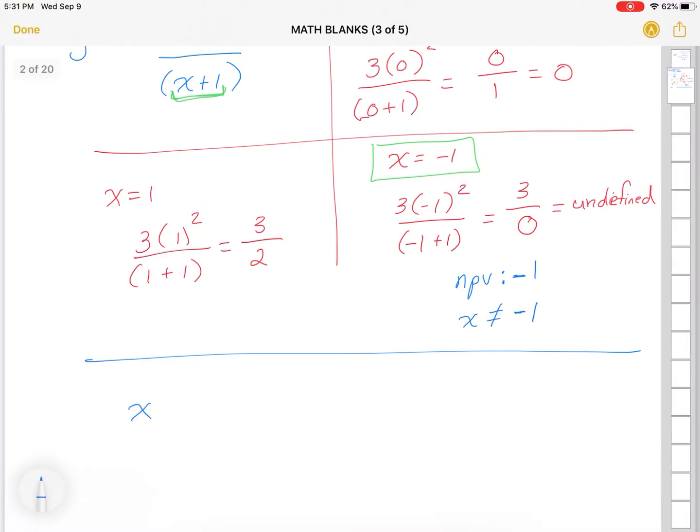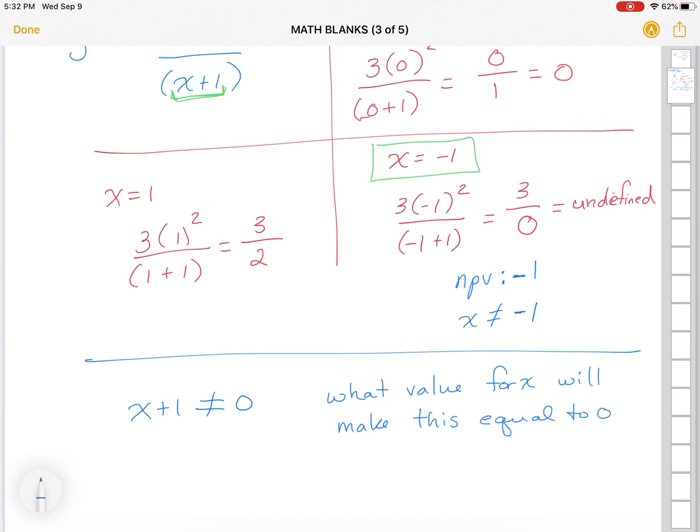So I take what's on the bottom, x plus 1, and I make it not equal to 0. What I'm basically looking for is what value for x will make this, the x plus 1, equal to 0.